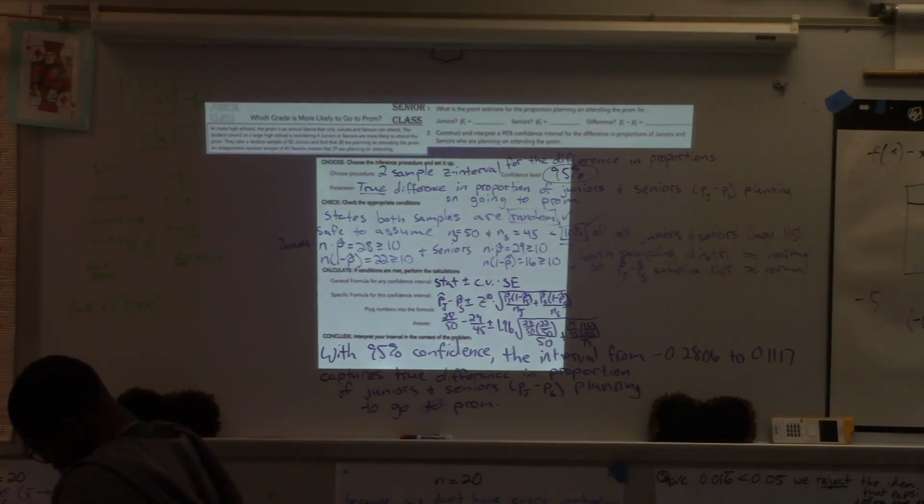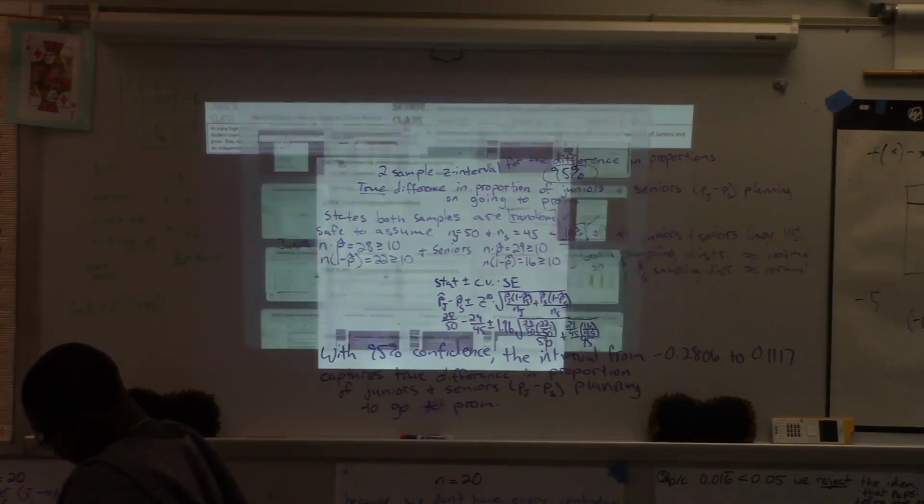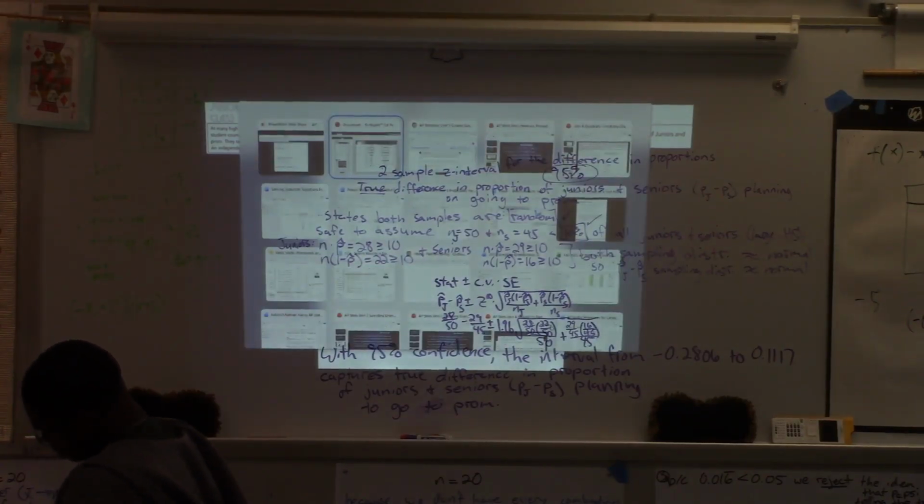Hey guys, really quickly, I need y'all to think about this. The reason why we're doing two proportion here, not two sample, is because two proportion is for proportions. What do you think two sample would be for? Means. Right, when we do two samples, we're talking about means. But we're doing that in the next unit. Yes, that is the next unit.